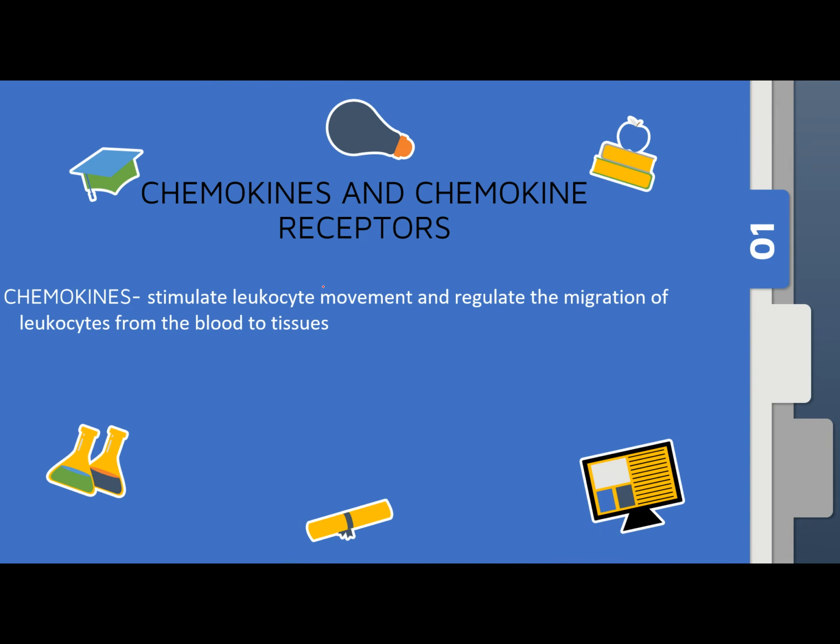So that's your integrins. Now, another thing you need to take note of, class, is your chemokines. Chemokines will stimulate leukocyte movement and regulate the migration of leukocytes from the blood to the tissue. So basically, class, chemokines are the ones that would call WBCs to the site of injury.